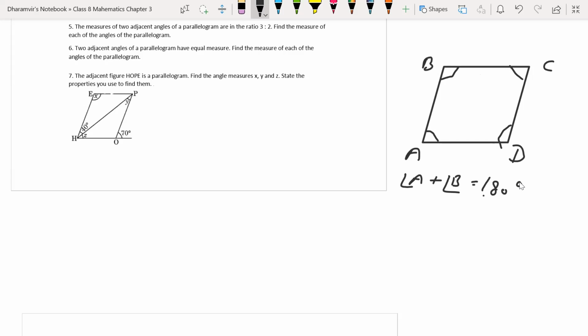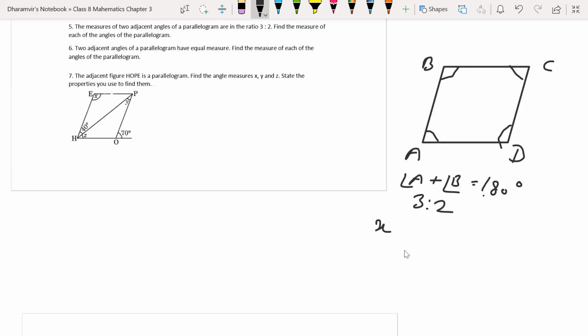So the ratio of adjacent angles is 3:2. Let's consider the common factor is x.